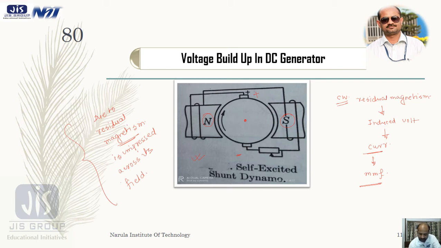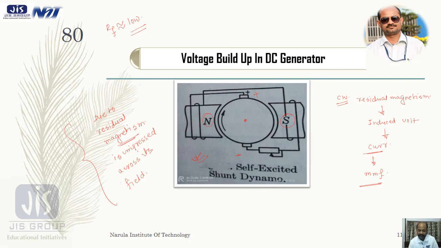If the resistance of field winding is sufficiently low, that means if RF, that is field winding resistance, is sufficiently low for the speed at which this dynamo is running or generator is running, the field flux will be increased. Means it is additive in nature for this particular connection.